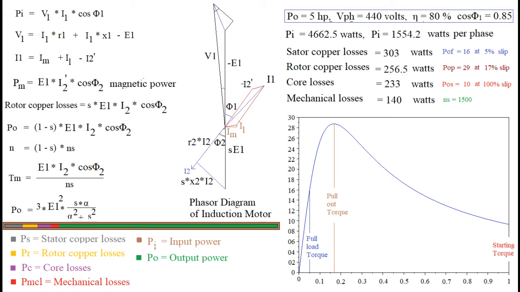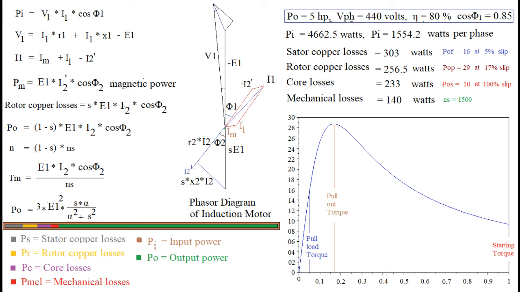If we deduct all these losses from total input power, then we get output power, that is 5 horsepower or 3.73 kilowatts. Now by having this basis of power distribution, we may apply output equation, that is in terms of slip and alpha, that is R2 upon X2. Then we can find out characteristics curve of output versus slip.